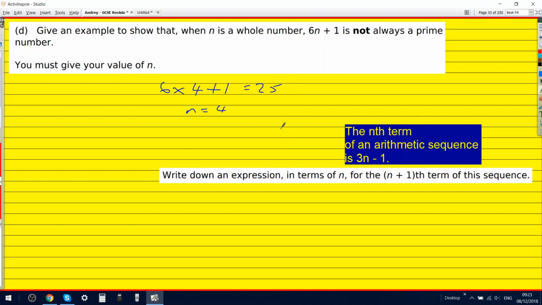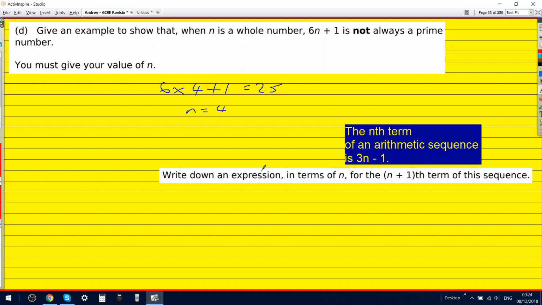Okay, and the other one. I'm going to put in terms of n plus 1 the 10th term of the sequence. I'm not really sure.